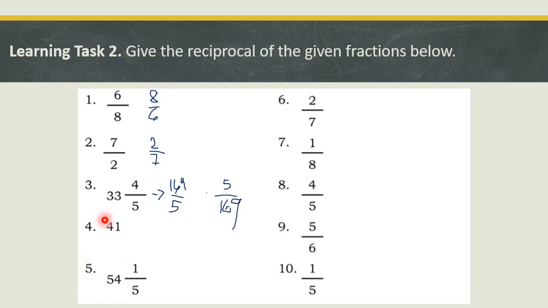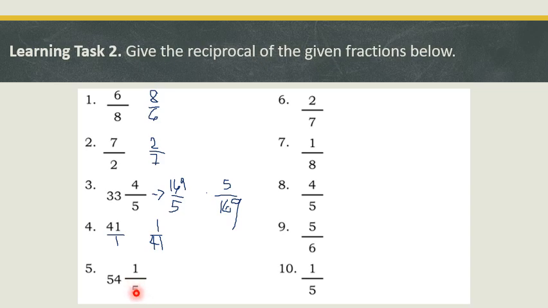Paano naman itong number 4? Ito po ay whole number. Di ba ang whole number, ang denominator niyan is 1. Reciprocal ng 41/1 is 1/41. How about number 5? Ito ay mixed number na naman.